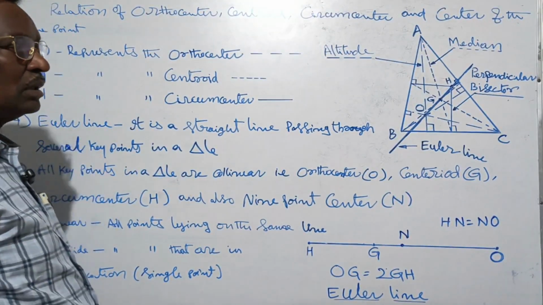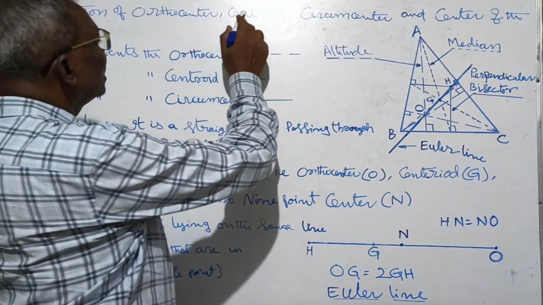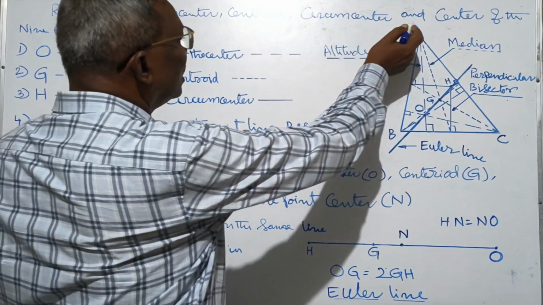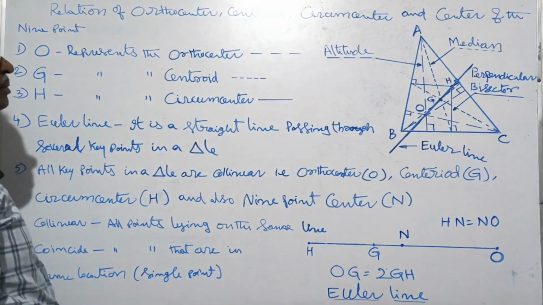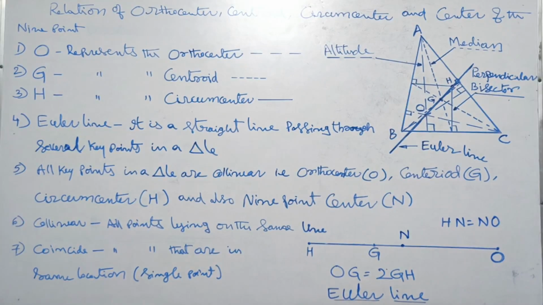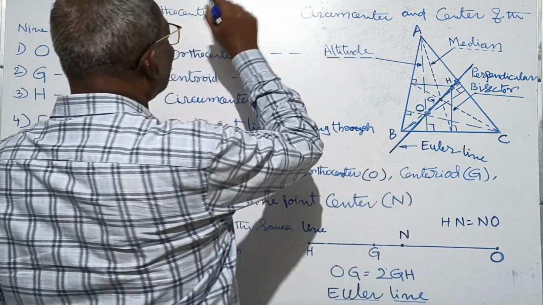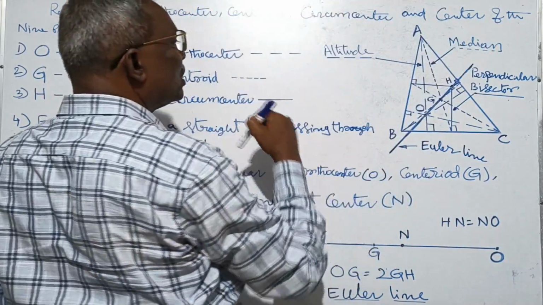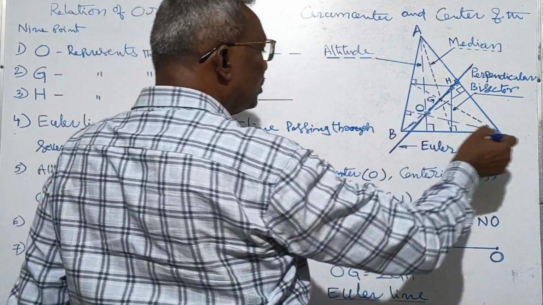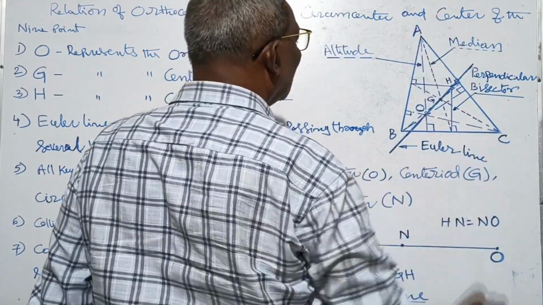Okay friends, repeating again. Relation between orthocenter, centroid, circumcenter and center of the 9 points, all in one triangle only.